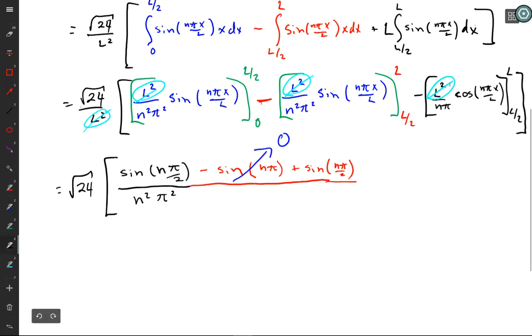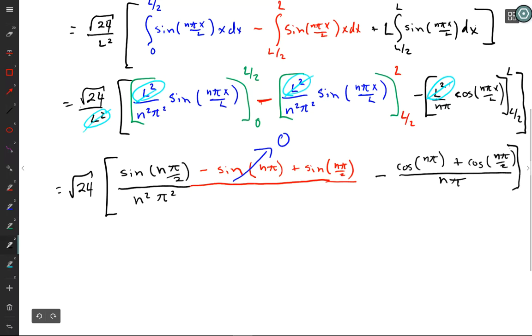And then for the last one, I have minus cosine of n pi, which is 1. Actually, it's plus or minus 1. Plus cosine of n pi over 2, all divided by n pi.